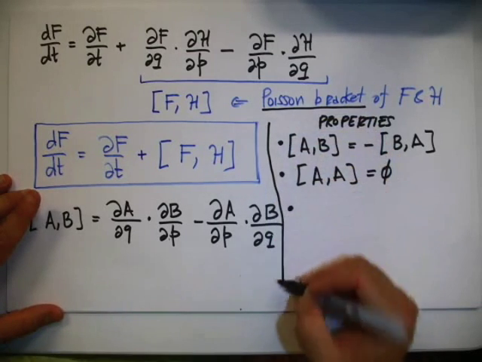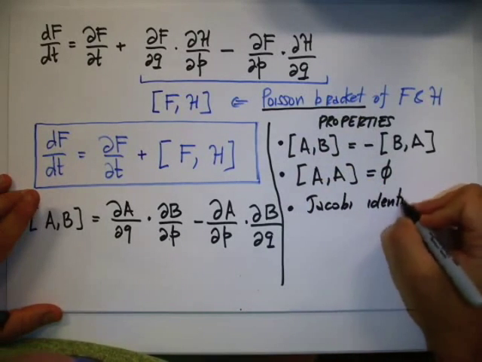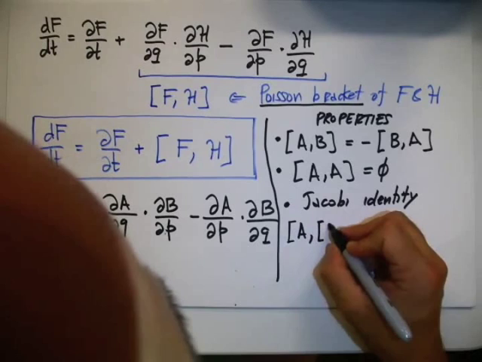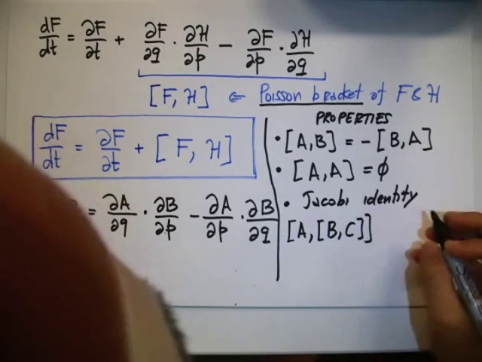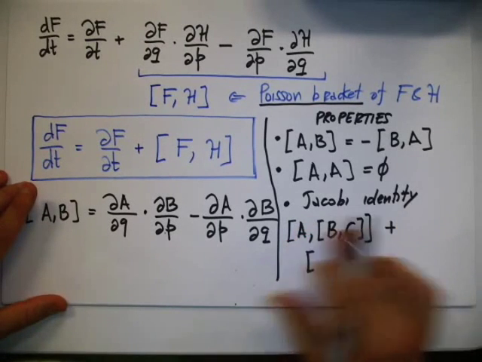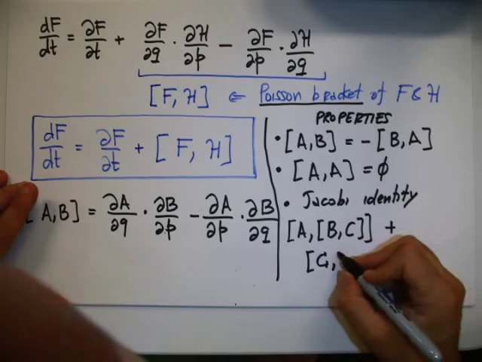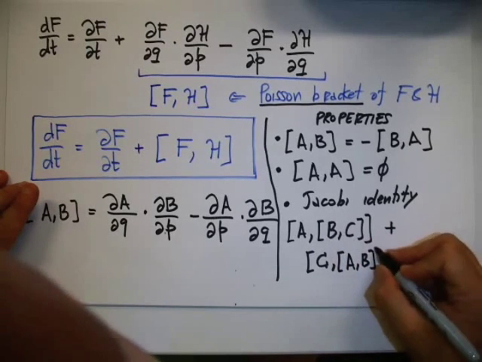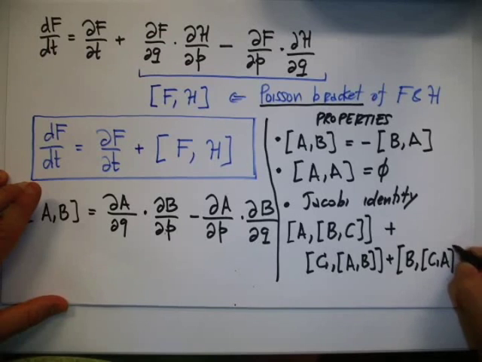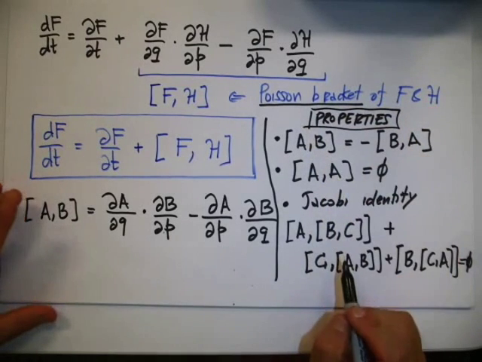And then one important property is the Jacobi identity, which means that if I have a bracket with b, c plus, now I shift cyclically these three terms, so I get c comma a, b plus, shifted again, b comma c, a has to be equal to 0. Okay, and this is the most important property of a bracket.